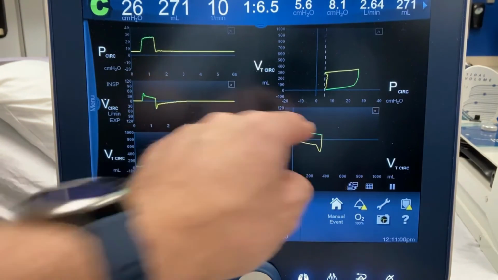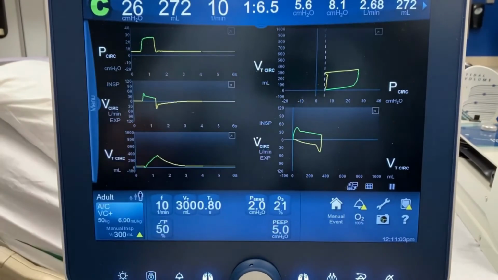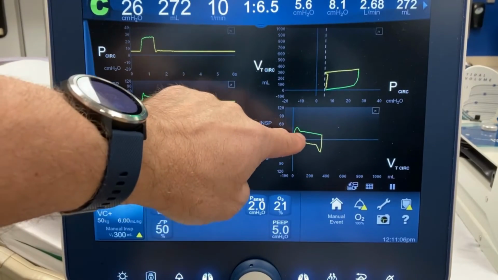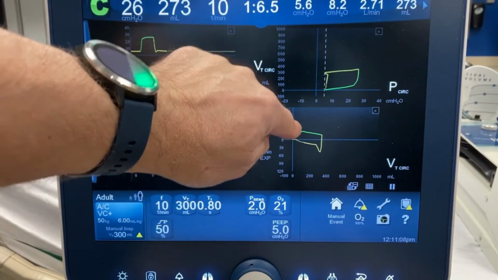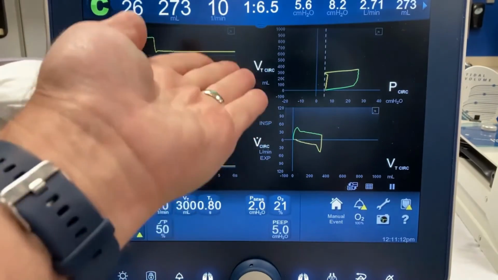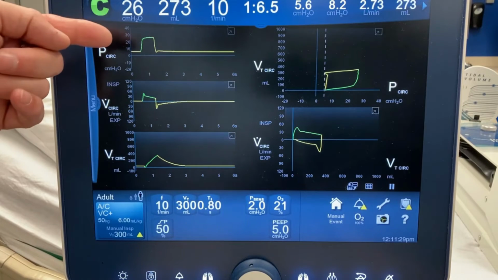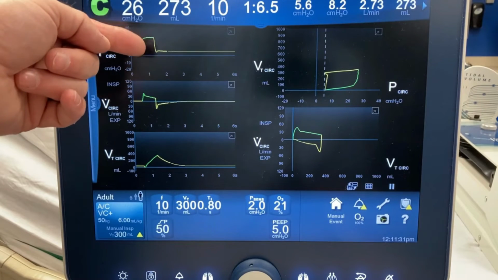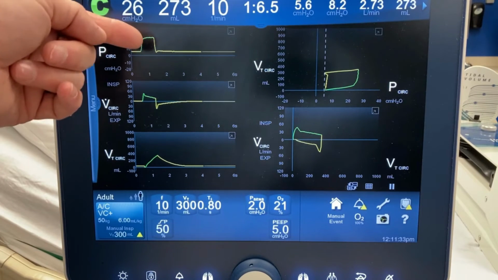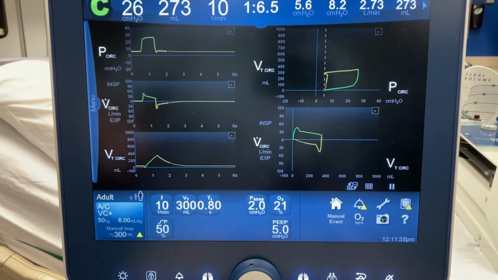Our flow volume loop, which was a nice rounded, typical looking flow volume loop, now has this characteristic spike with a scoop out of it, and it's more drawn out. We see that with obstructive diseases. Also, when we add resistance, we can grab a plateau. There'll be a bigger difference between peak and the plateau with resistance.